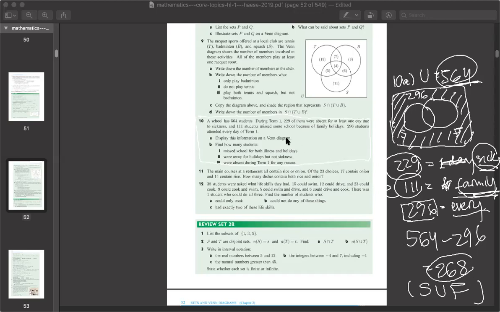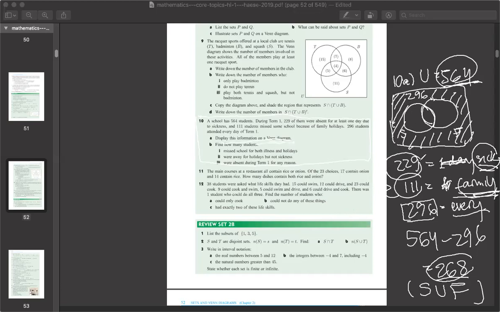Okay, so since we have to display this information in the Venn diagram, we have to look for every part of the Venn diagram, and you have to use these numbers.